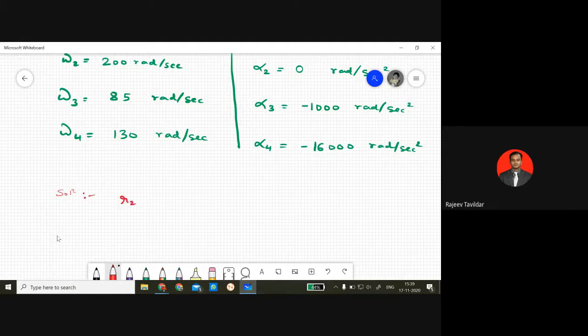So we have this equation for R2 as omega 4 times (alpha 3 plus j omega 3 square) minus omega 3 times (alpha 4 plus j omega 4 square). Okay, I'll just solve for R2.